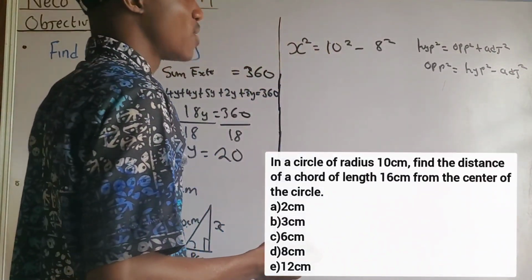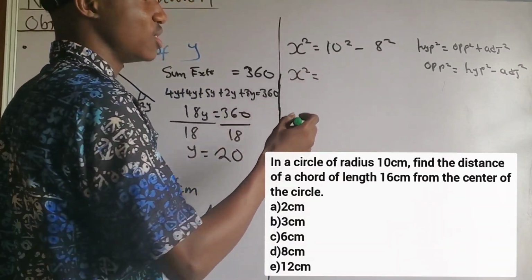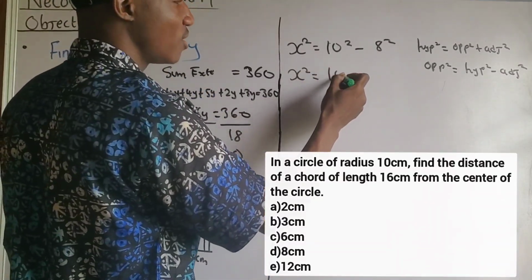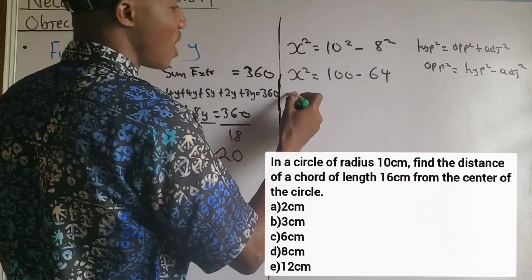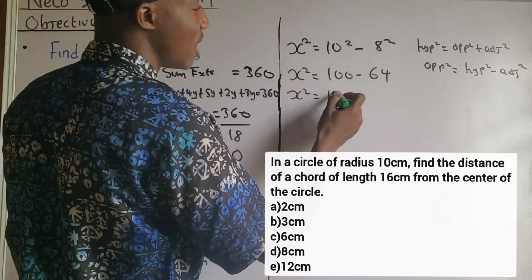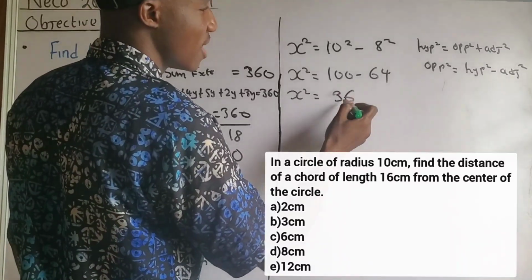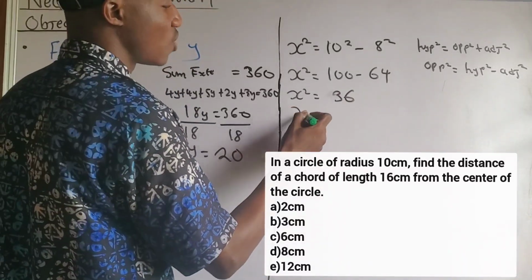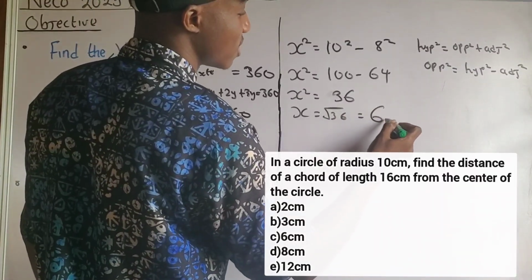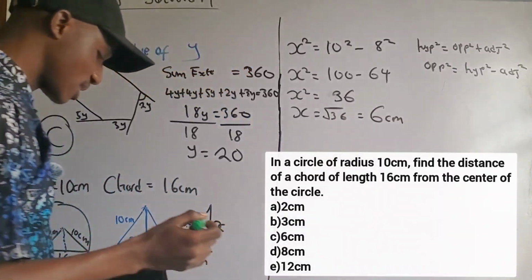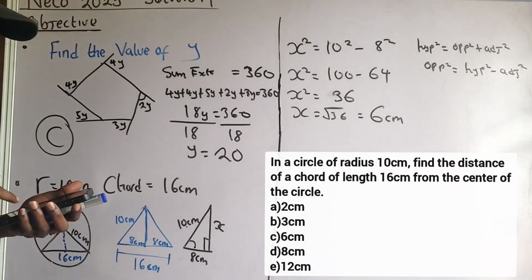So I just interchange this. x squared, which is the opposite, is equal to 10 squared, which is 100, minus 64. 100 minus 64 is 36. So x squared is equal to 36, and x is equal to the square root of 36, which is 6 centimeters. So the distance of the chord from the center of the circle is 6 centimeters.